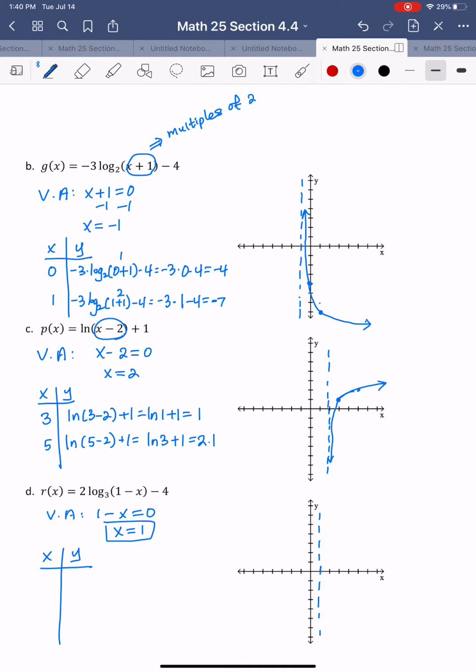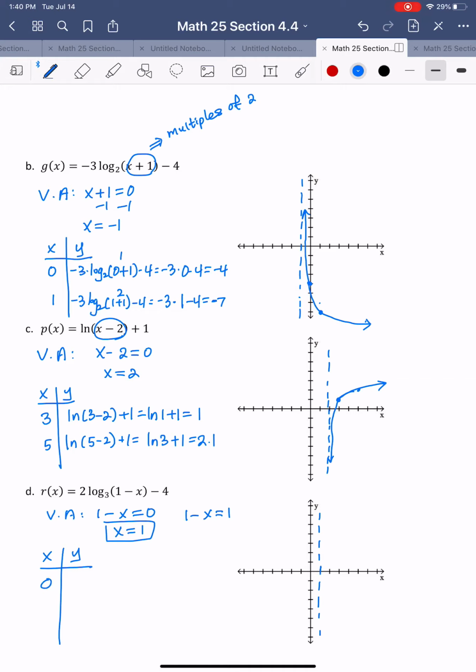So 1 minus x equals 1, so x is 0. 1 minus 0 is a 1, so 0 is the first number that I use.